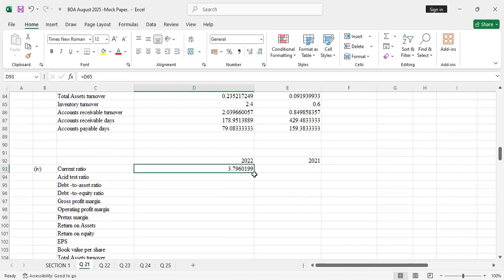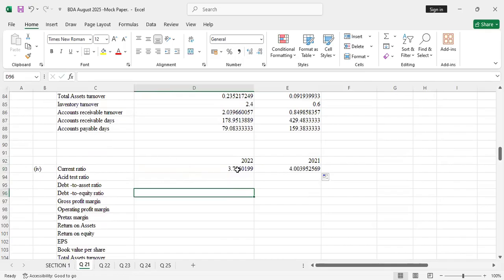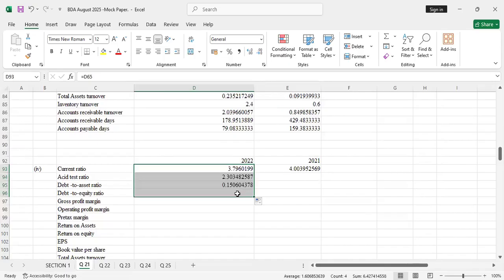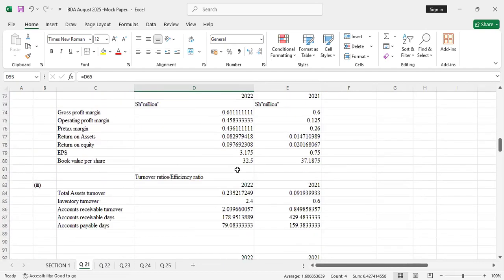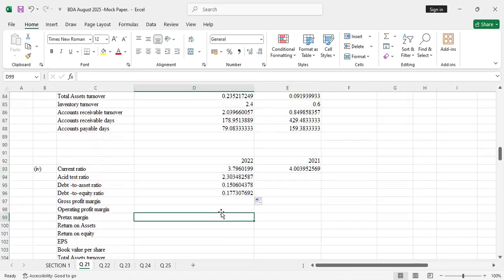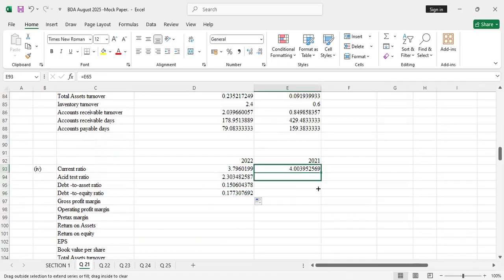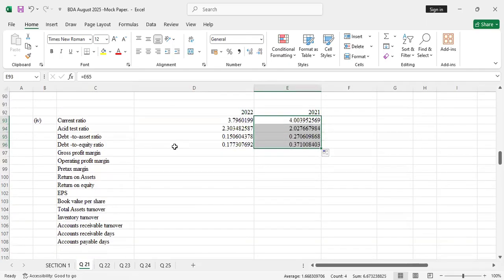Then I'll drag this. I'll come here and drag up to debt to equity ratio, and we'll have the same values we had here. I just have to confirm. Yeah, that's okay. Then I'll do the same here. I'll just drag up to the last value.